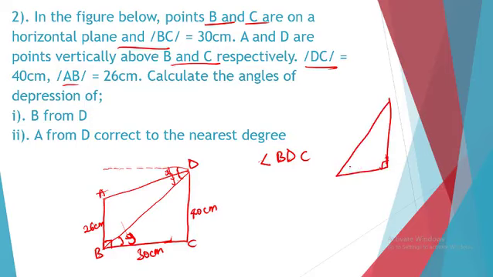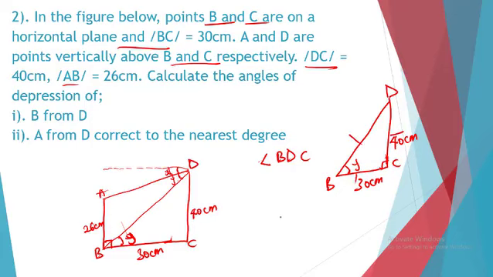This angle 90. This is our Y. Okay, now this is our C, B and D, and here is 30 cm, here is 40 cm. We are now solving for what? Angle Y. This is our hypotenuse, this is our opposite, and this is our adjacent.